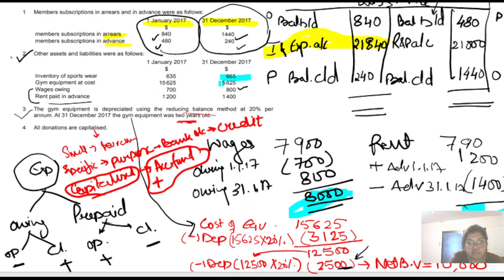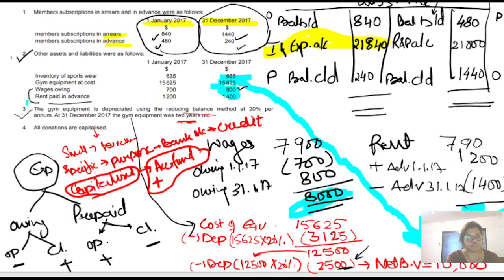Gym equipment closing value is 15,625, but we are not going to take this 15,625, because we already calculated the equipment net book value, which is 10,000. That's why I'm taking 10,000 instead of 15,625. And then we have 800. Only these values we are going to use.